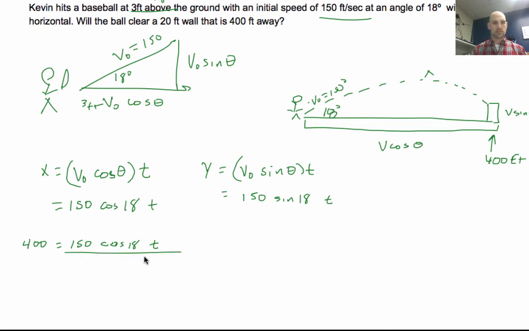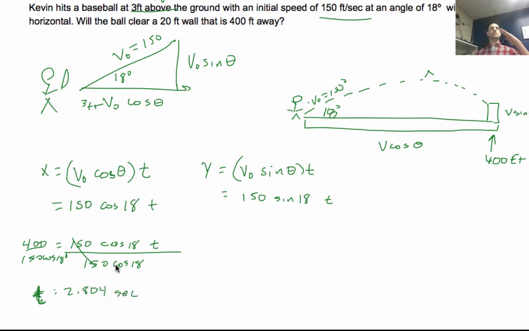I could solve this. According to my horizontal component, making sure my calculator's in degree mode, my time is 2.804 seconds.